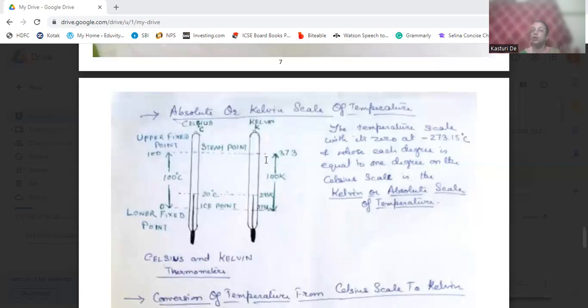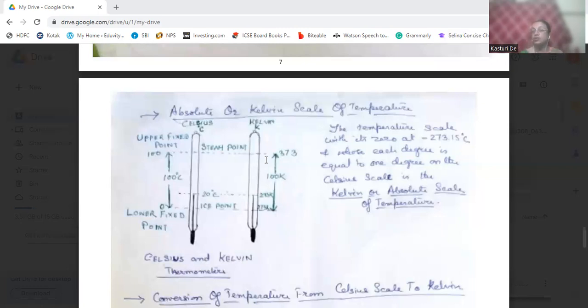The 0 at minus 273.15 degrees Celsius, that will be equal to 0 of the new scale. So what is that scale I'm telling you? Whose each degree will be equal to 1 degree Celsius of the Celsius scale. 1 degree of the Celsius scale will be equal to 1 degree of that new scale.